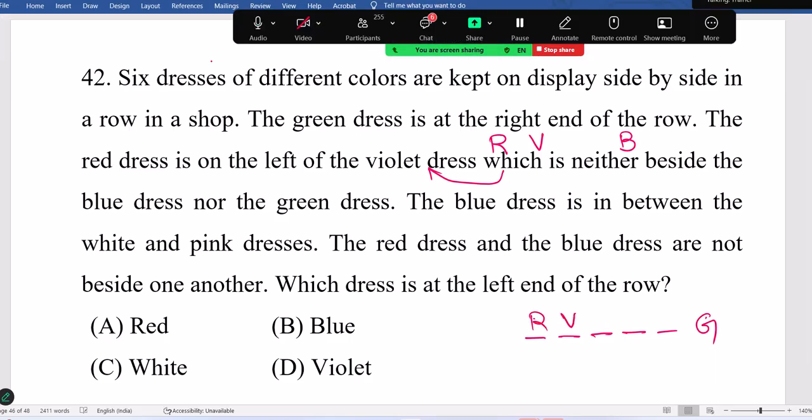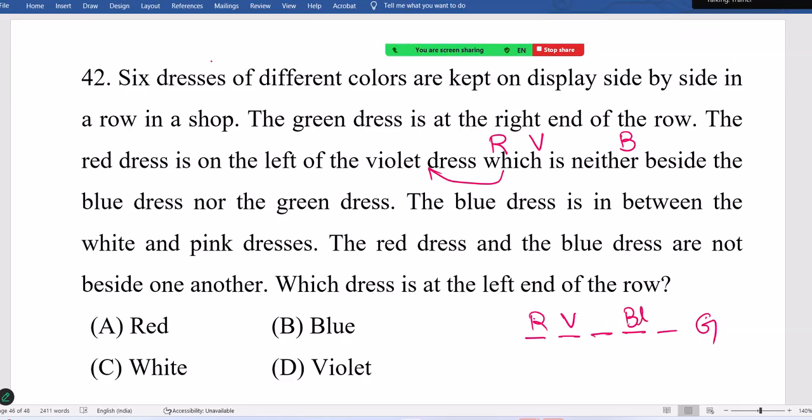Red, violet. Here blue. The red dress and blue dress are not beside one another. Yes, but this is white and pink or pink and white that I need to conclude. But that's the only dilemma. I think rest of the conditions all satisfied. Related to pink and white, I have to check once.